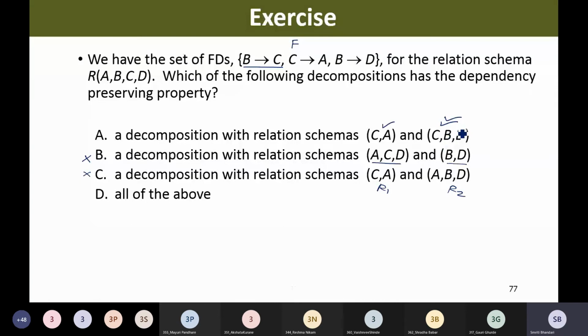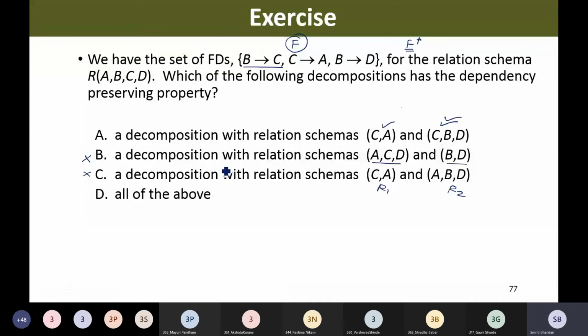But please remember, right now we are using a trick, and that trick is we are only checking for F. In fact, we need to test for F plus. But to simplify our task, initially we test for F. If in F itself we find any functional dependency that is violated, then directly we can discard that decomposition. So initially we begin our testing with F, and if required, only then we go for F plus.